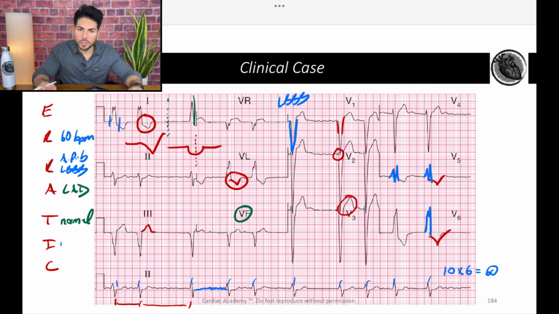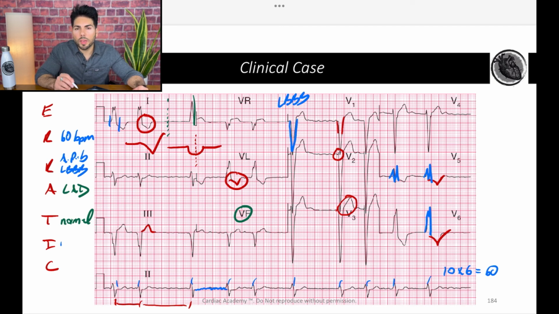And finally, C is for chambers. We look for hypertrophy, and we also have a video on that. So we have some criteria we need to look for. We have the Cornell criteria, and we have the Sokolow-Lyon criteria. And in this case, one of the easiest ways to quickly assess for that is on AVL.